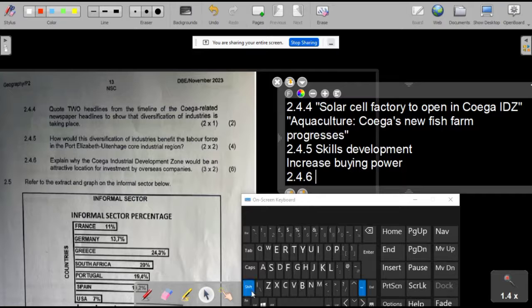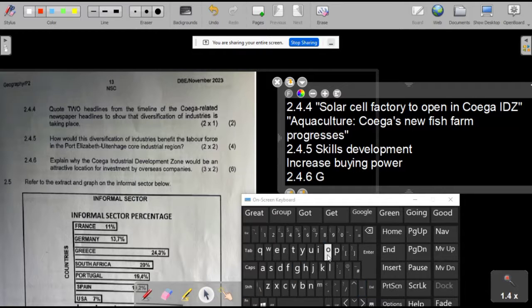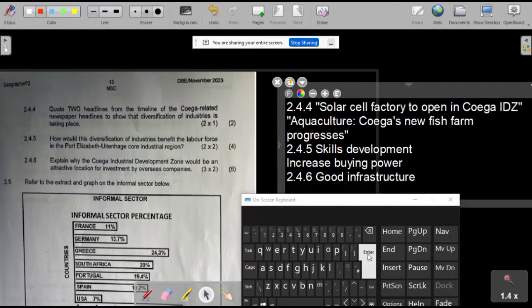Let me just write these down first, but there are plenty of them. Good infrastructure enables businesses to operate smoothly, effectively and efficiently.